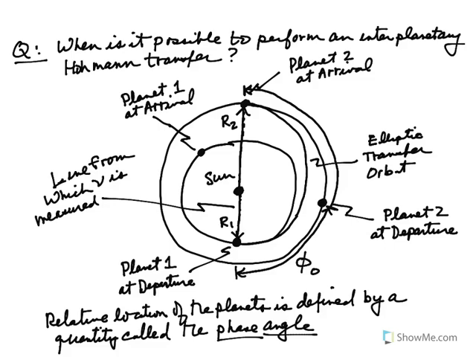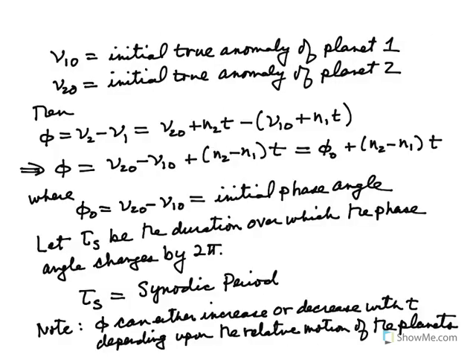That angle is n sub 2 times the transfer time, where the transfer time is the same one I defined earlier, pi times the square root of a cubed all divided by mu sub s.